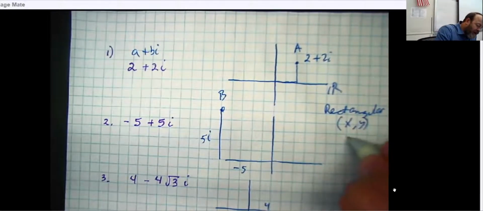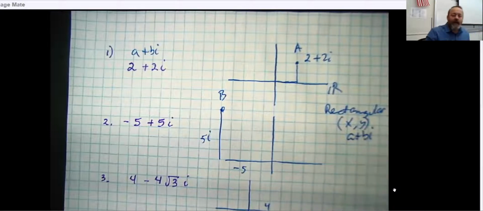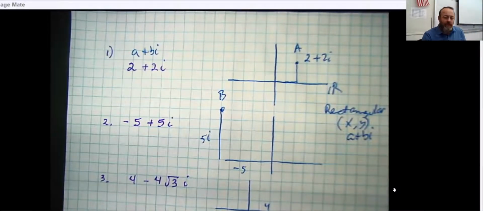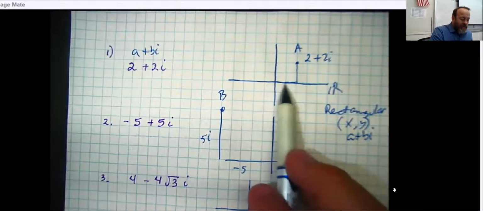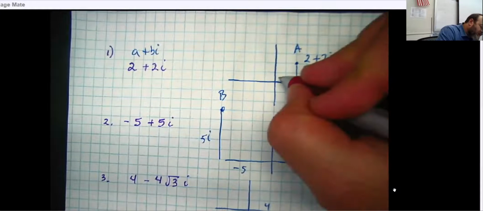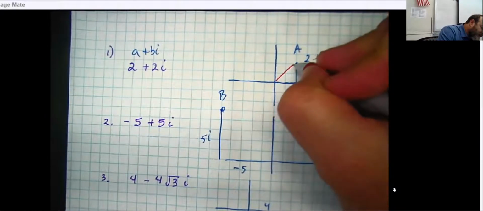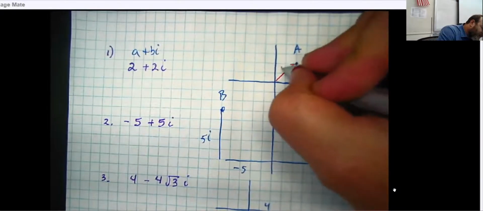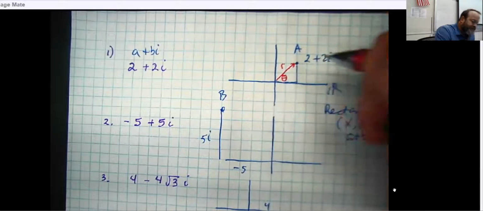So XY and a plus bi have that very much same look. But what we have been studying recently is this new concept called polar, where instead of telling you about this value and this value, we change the story a little bit, which is why I'm going to change colors to red, where you have an r here and a theta here.